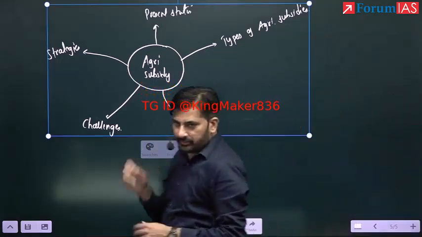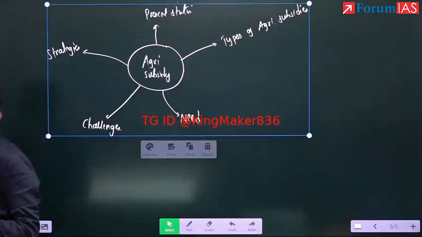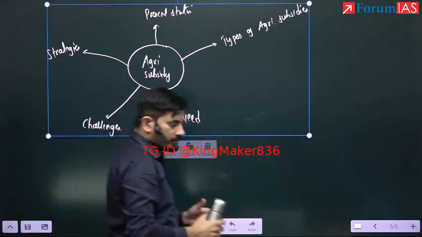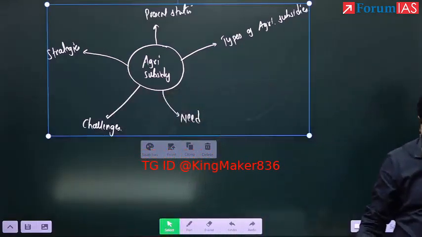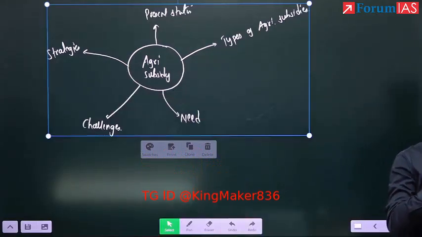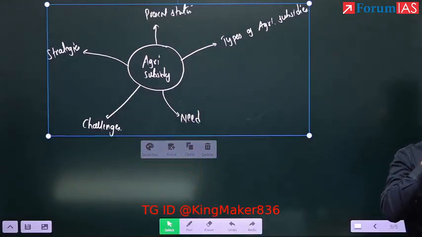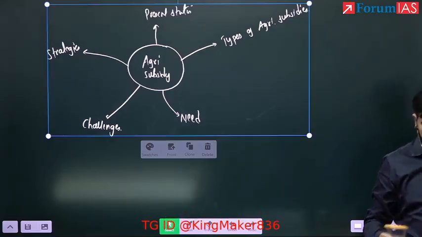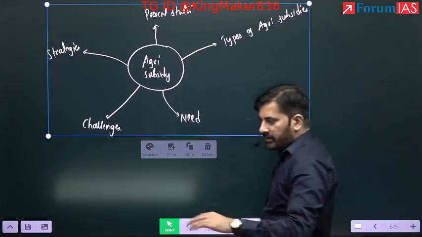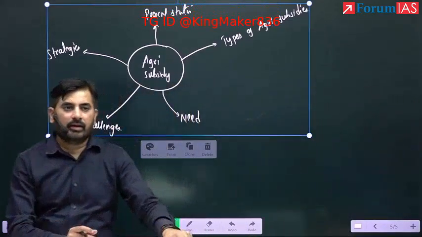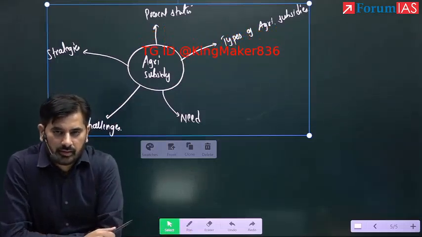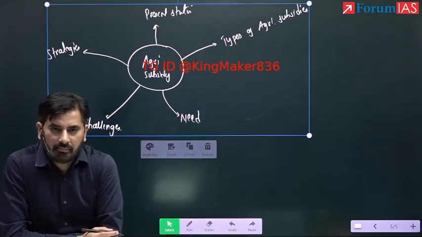Direct subsidies are those subsidies wherein the government provides subsidies in such a manner that the farmers are the direct beneficiaries.